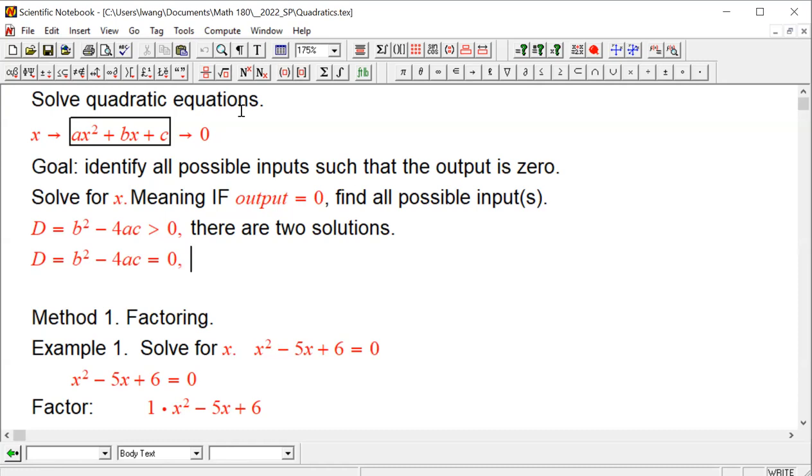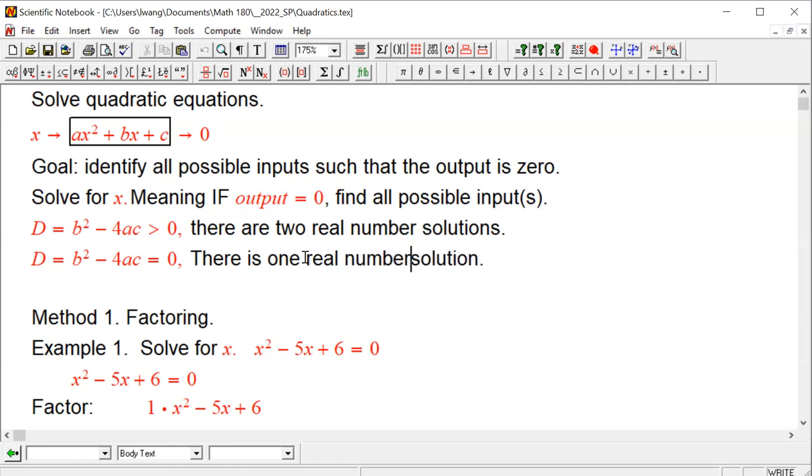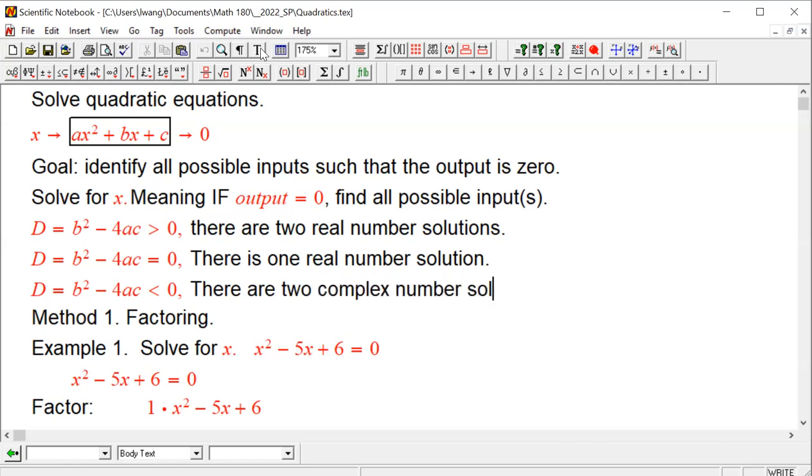In this case, there is one real number solution. The last case, if the discriminant is negative, there are two complex number solutions.